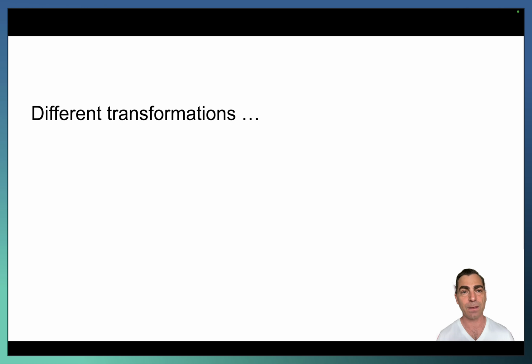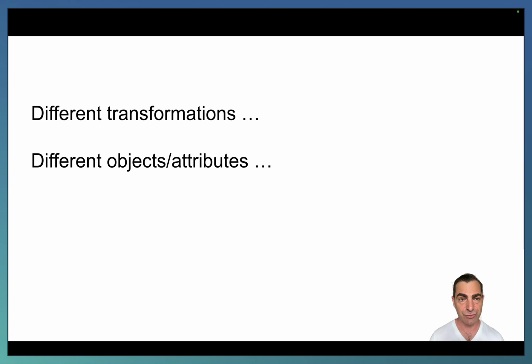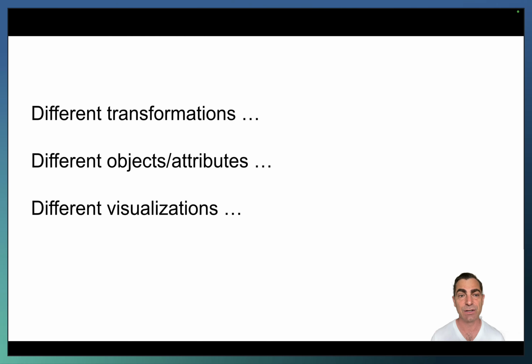So in turn, what happens is that we have different possible transformations starting from the raw data, and different transformations lead to different collections of attributes and objects. But different collections of objects and attributes lead to different visualizations.